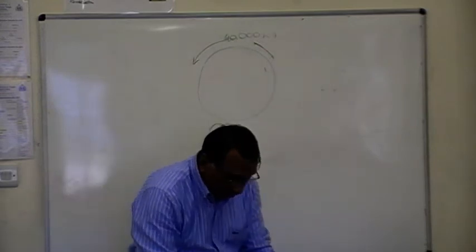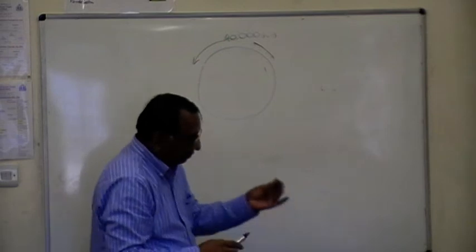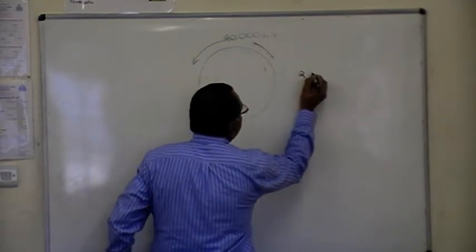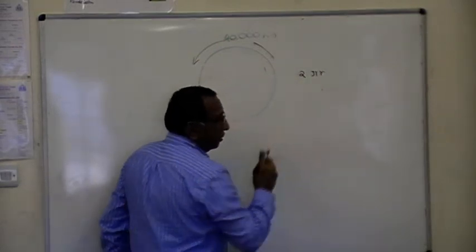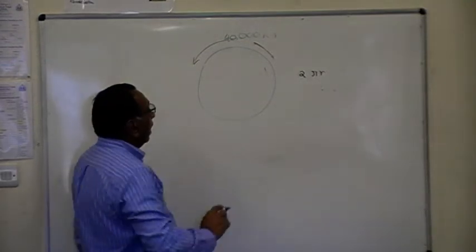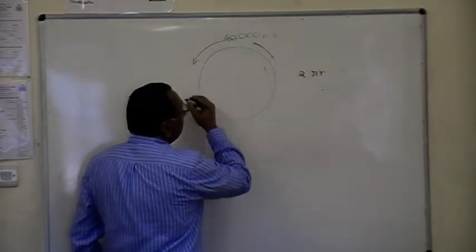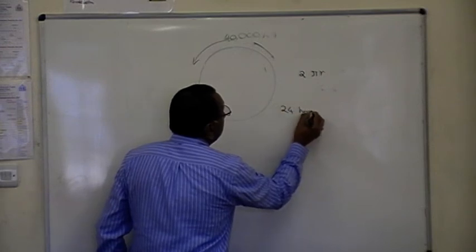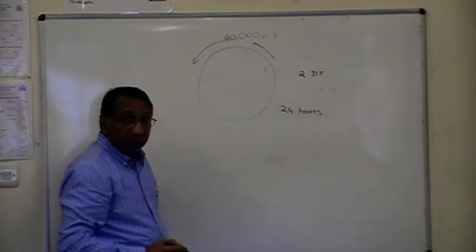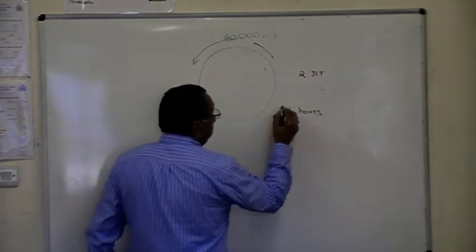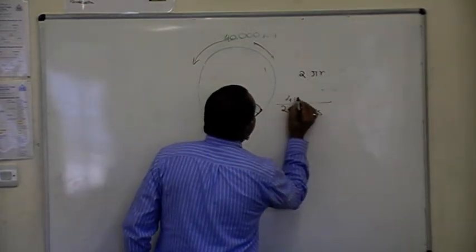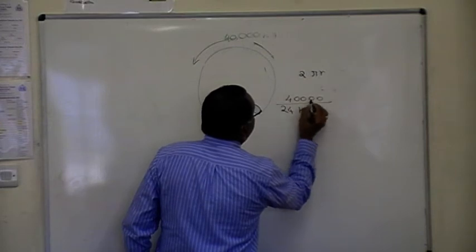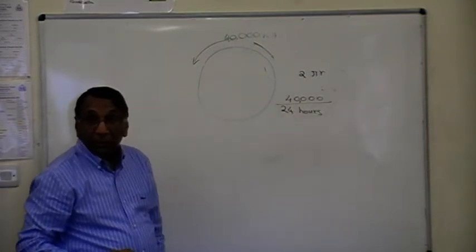Simple formula what we are using for perimetry is 2 pi r. Right? Our Earth rotates in 24 hours. Right? So 40,000 kilometers are rotated in 24 hours.